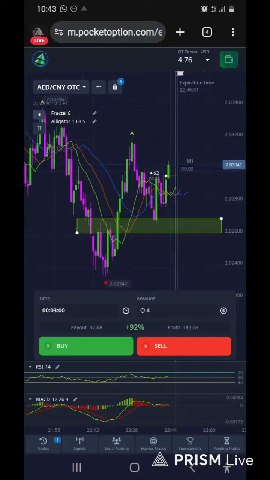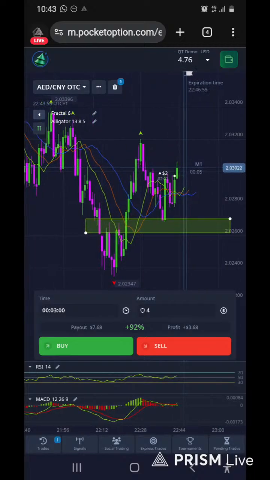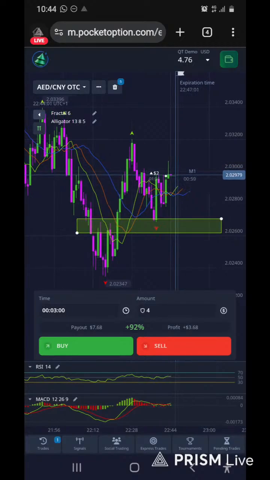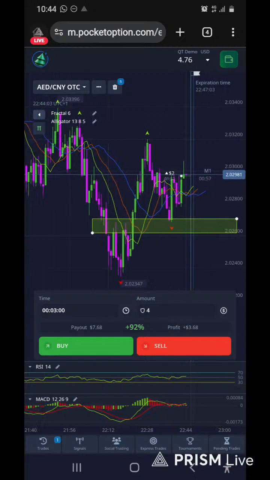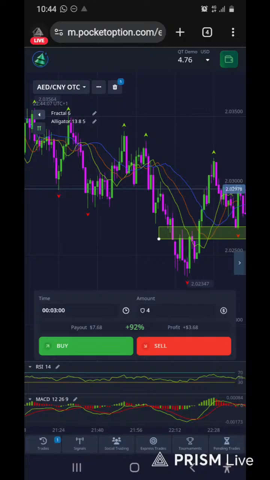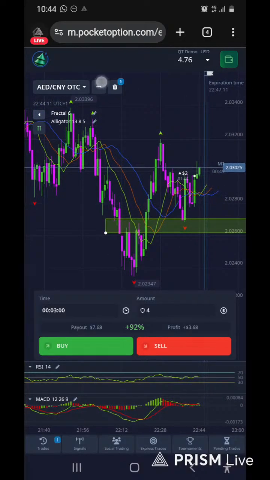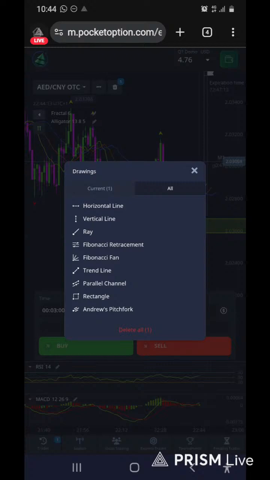What would price now do? It created a bullish engulfing pattern. Price will keep going high until it reaches a demand zone. A demand zone is simply a supply zone, is simply the internal liquidity, or a support level or a resistance level.